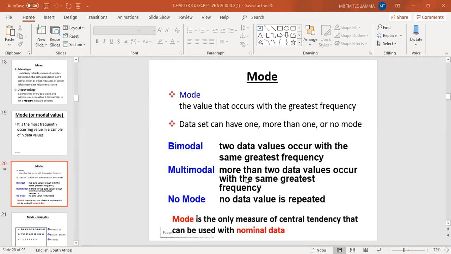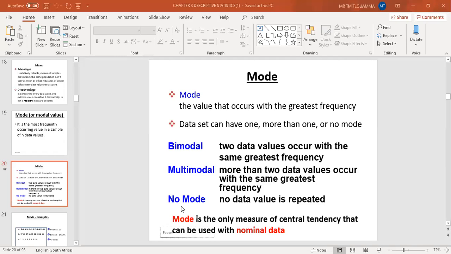So we're just going to write 3, comma, 7, comma, 5. Those will be our 3 modes, right? Because they are more than two, we call them the multimodal. And lastly, the last one is no mode.